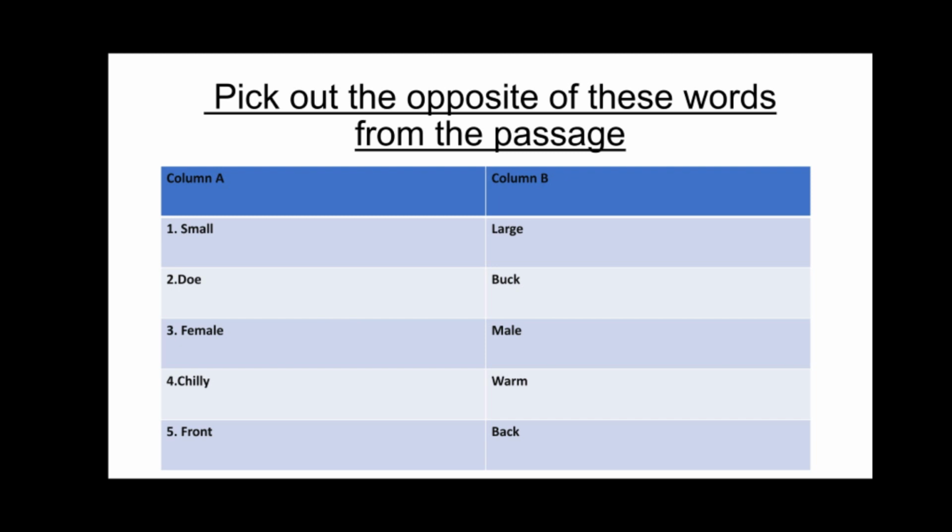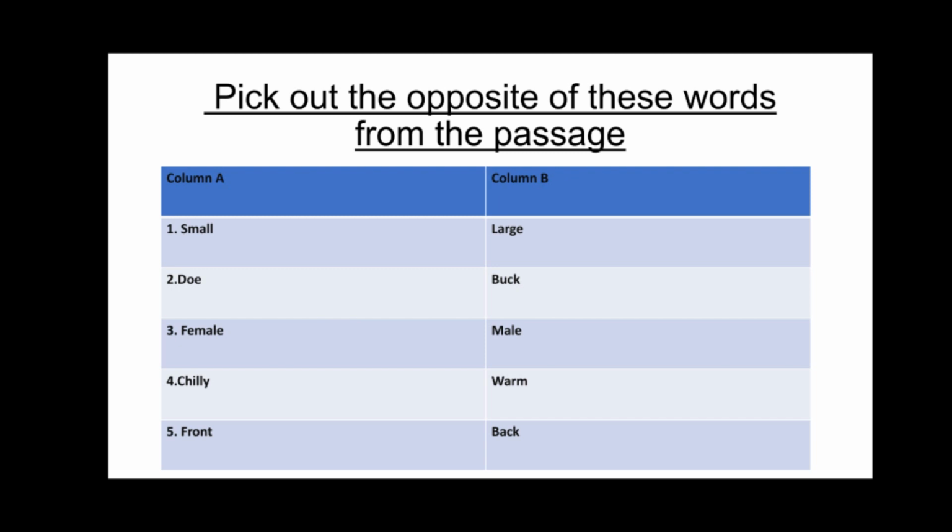So children, question answers, pick out the opposite word or make sentences. These are the exercises that we usually ask in comprehension exercise. I hope it is clear, children.